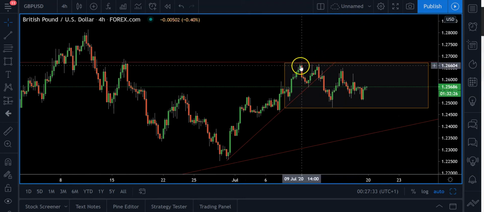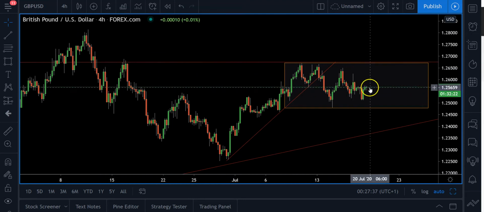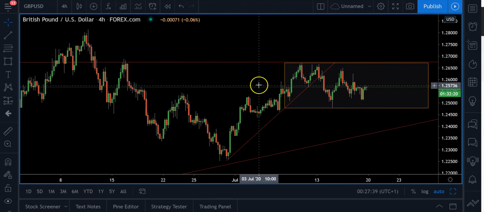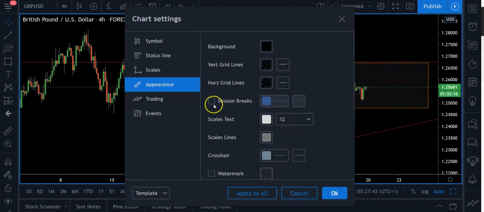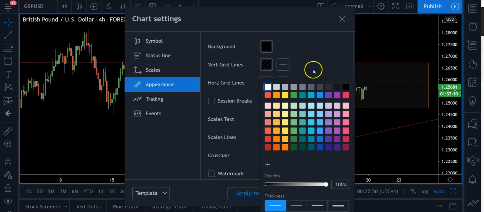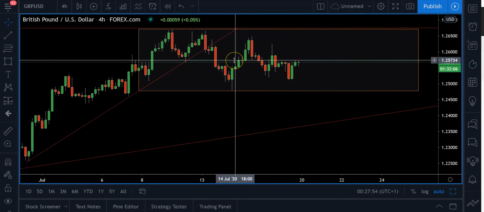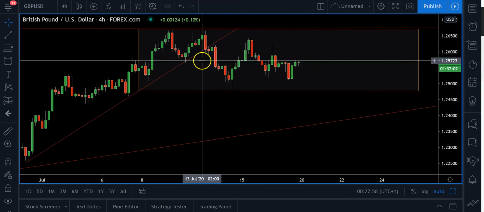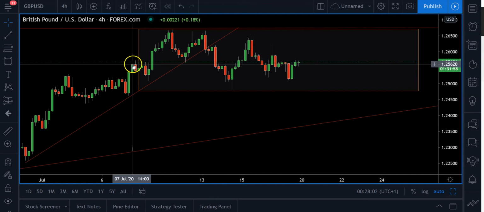Now my bias is, based on what's going on here, if you take a look, you'll notice around this zone, let me solidify that. Right, around this zone that is struggling, it's a very important zone. Look at how many touches, it's been rejected so many times.